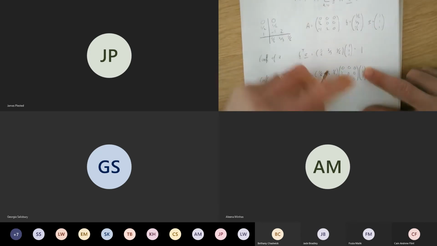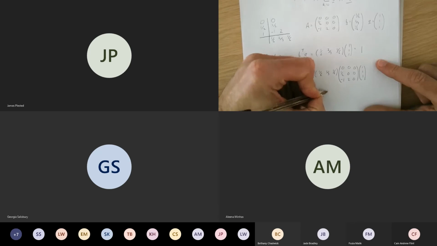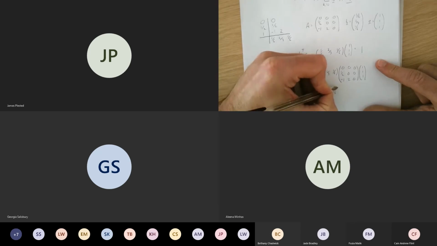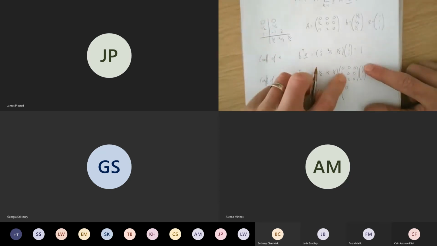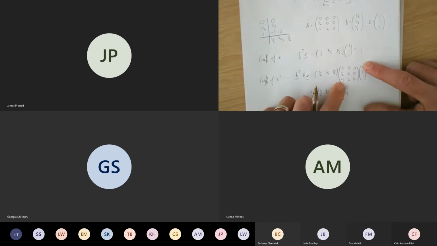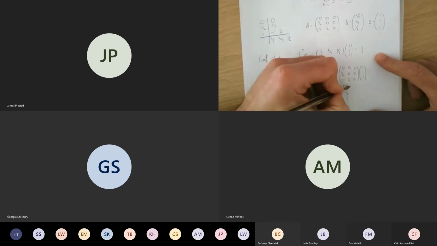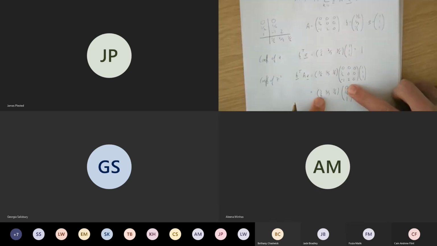Actually, I'll do the second two matrices first. So I've got 0 there, got all the zeros, got 1/2, and I've got -1 plus 2, so that's going to be 1. If I multiply these together, I've got 0 plus a 1/3 plus a 1/6.